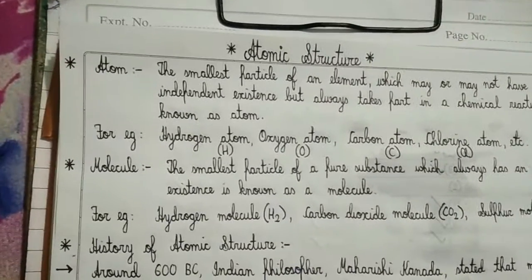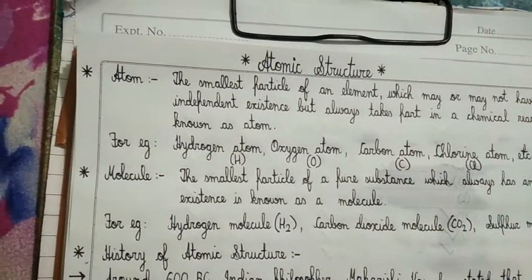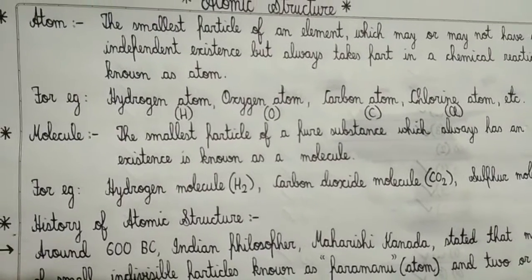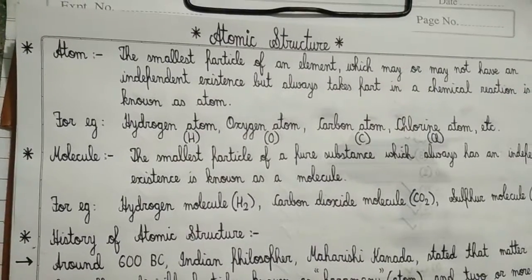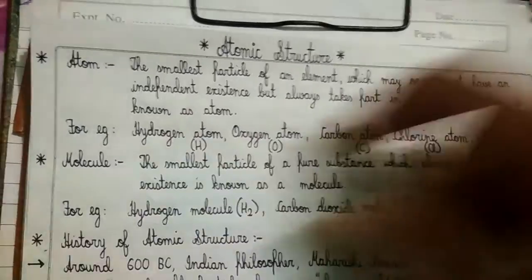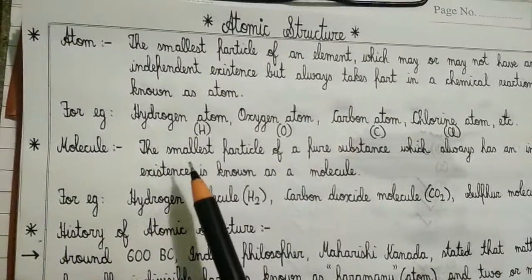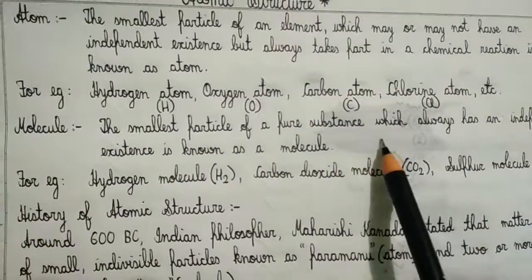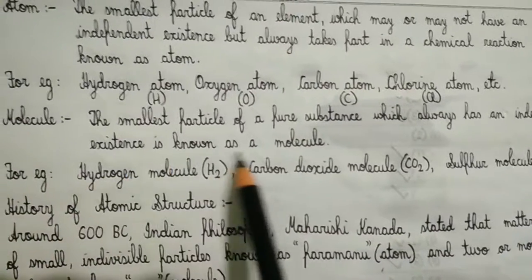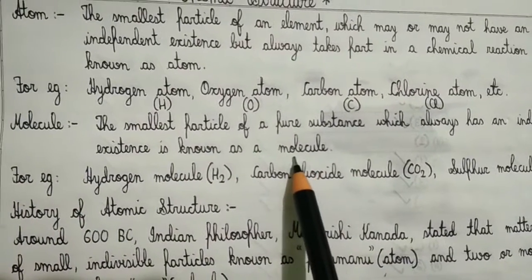If we take distilled water, it contains only molecules of water. If we take carbon dioxide gas, it will contain only molecules of carbon dioxide. So a pure substance has all constituent particles of the same kind. The smallest particle of a pure substance which always has an independent existence is known as a molecule.